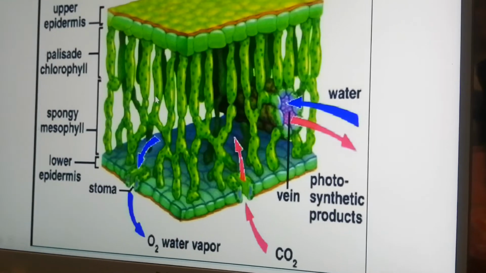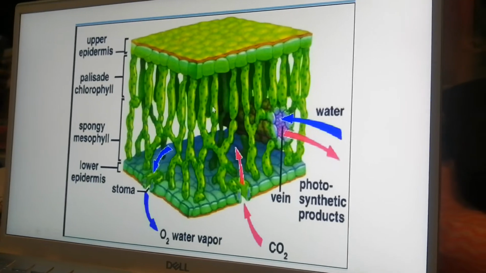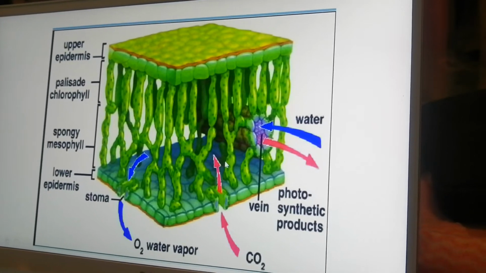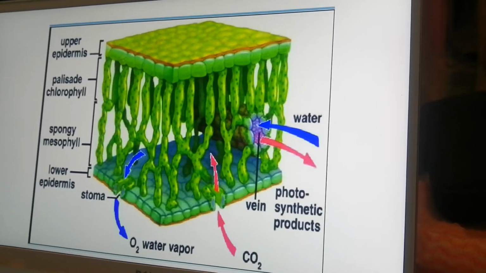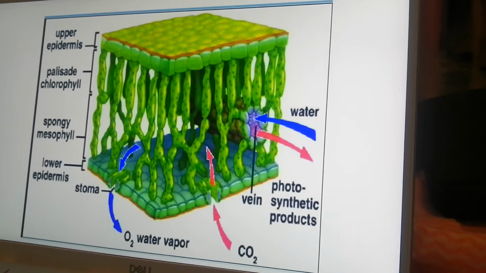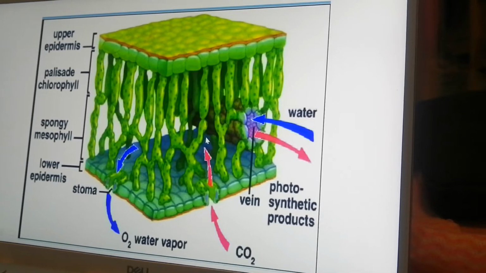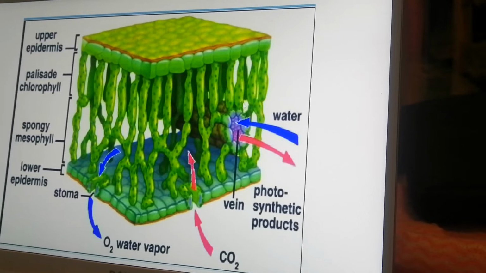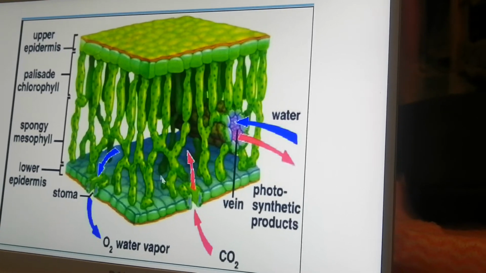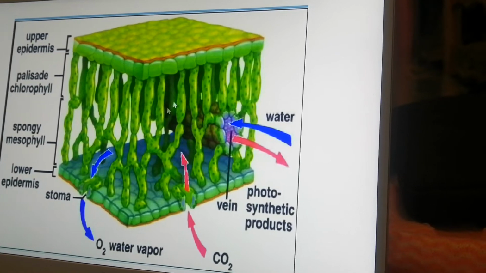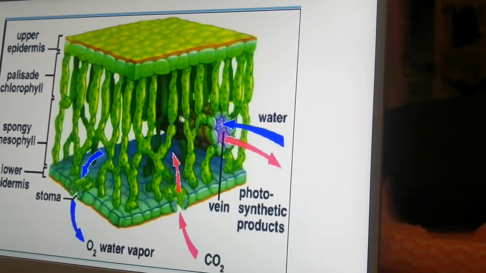Okay, so this one is an illustration. If you have seen this one, this is an illustration of the leaves, where photosynthesis takes place. We cannot see this with our naked eye, so this illustration is a microscopic illustration, meaning it is done under the microscope.